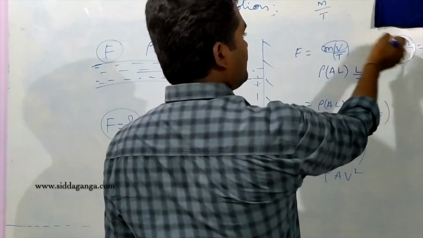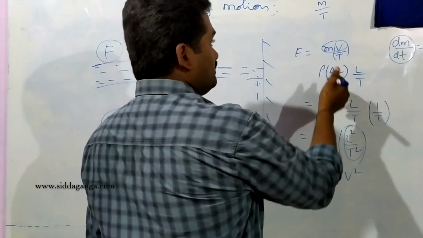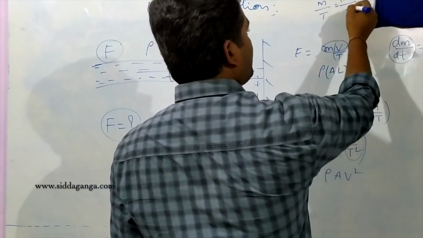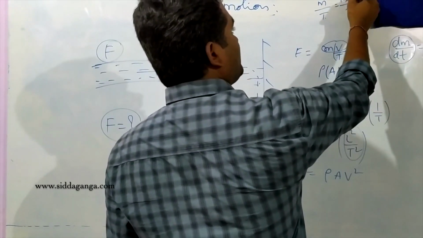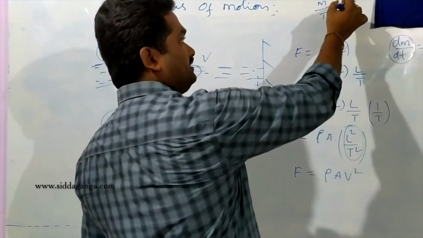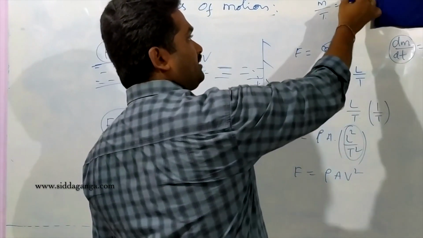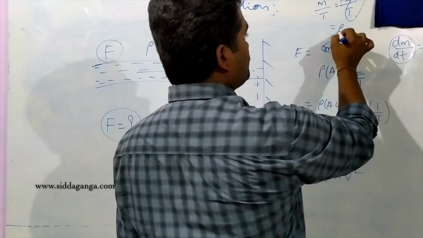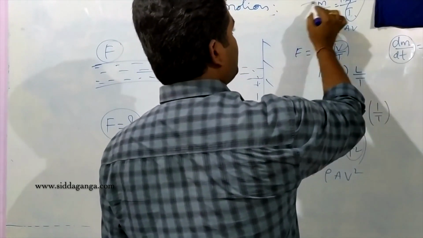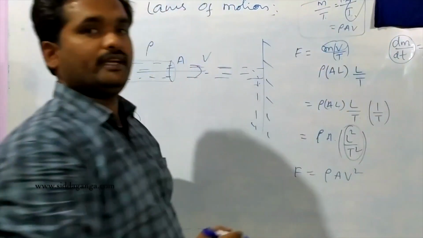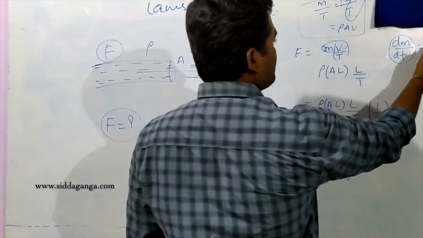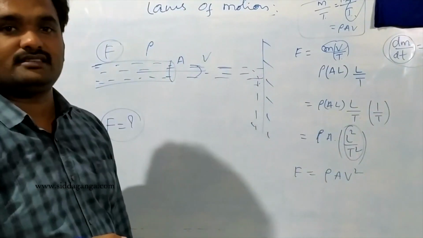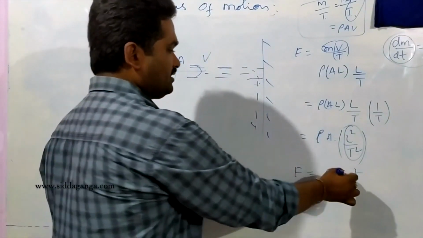Mass is nothing but density into volume divided by time. Volume can be written as area into length. Density into area into length divided by time. This length by time is nothing but velocity. That's why dm by dt is written as rho into A into V. Keep this point in mind: dm by dt can be written as rho A V.